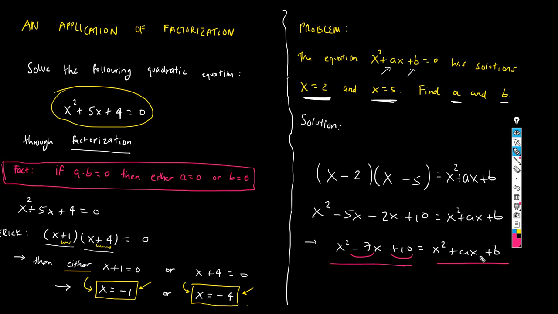Why? Because a is the number that multiplies x, and the number that multiplies x in here is minus 7, and b is the constant term, which is 10. So I'm done. a must be minus 7 and b must be 10.